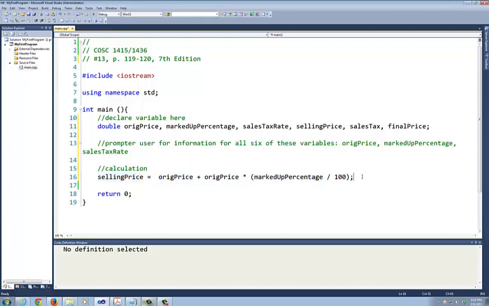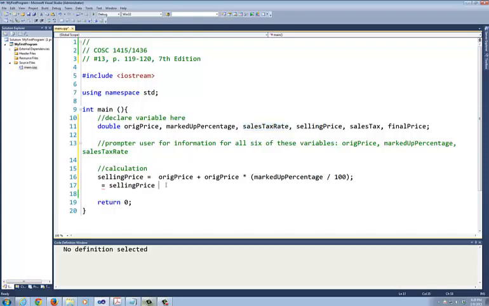That's one. Now, I also have to figure out what my sales tax is. If you recall, sales tax takes the selling price, which is this right here, and you multiply that with your sales tax rate, correct? The rate that you have in Dallas is 8.25, but you have to convert that into a decimal, right?